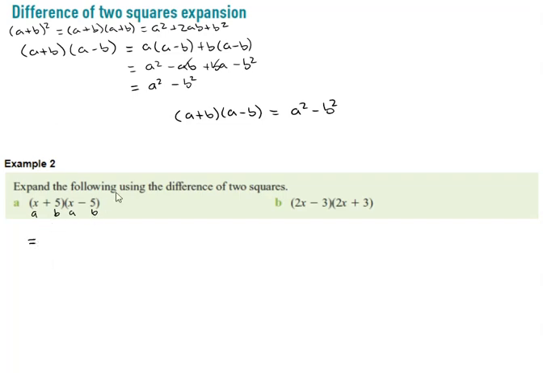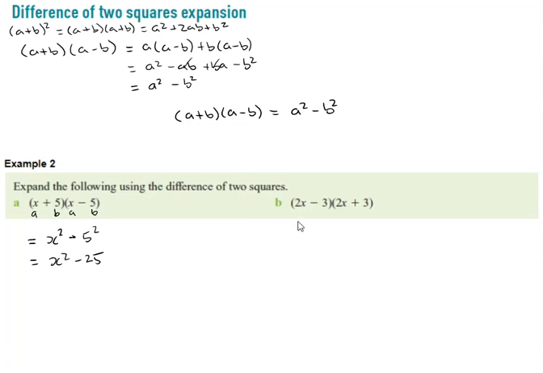So my formula is a squared. Well, if my a is x, I'm just going to write down x squared. And my b, well, I know I've got a minus in between, and my b is 5, so I'm going to write down 5 squared. So it's going to be x squared minus 5 squared, which I'm going to write down as x squared minus 25.